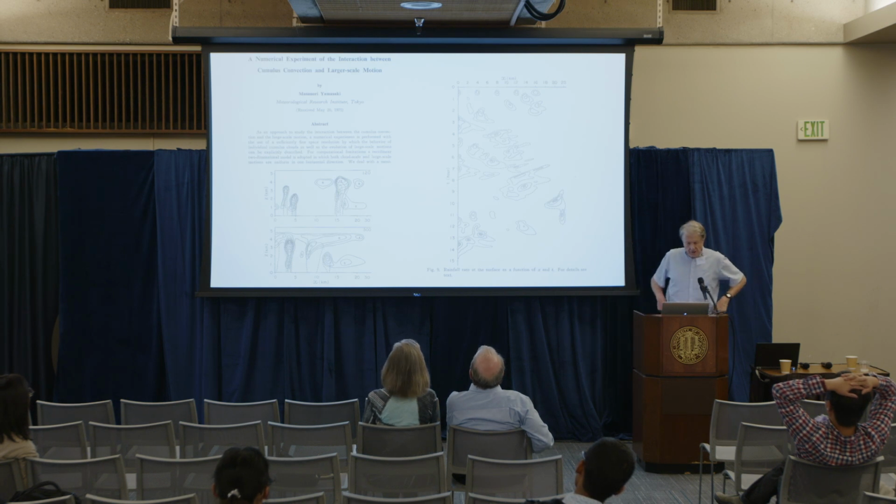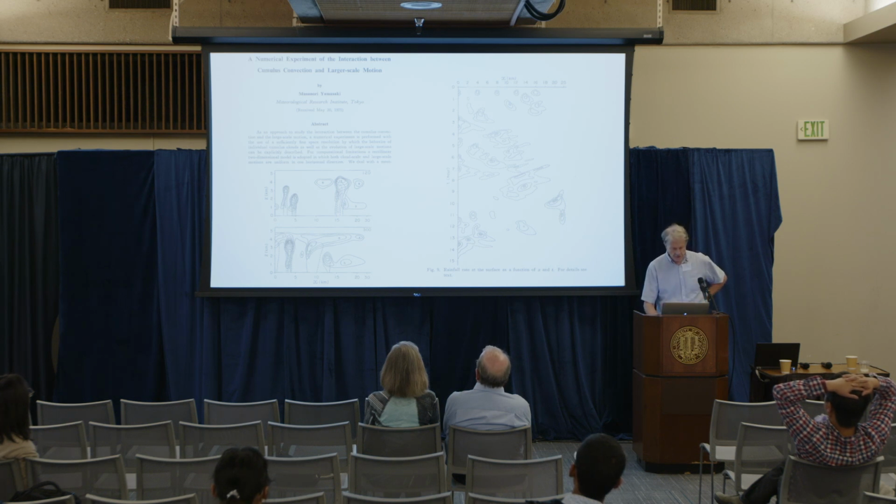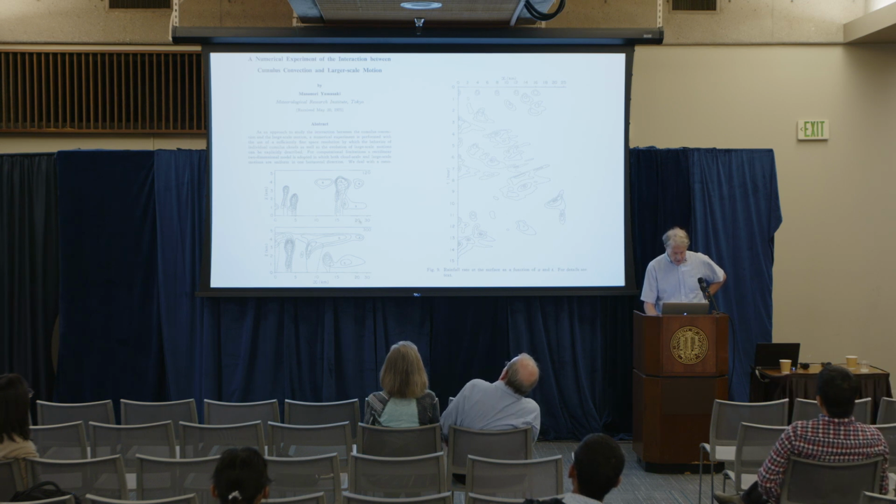Okay, so the first work that we're aware of, and I'm pretty sure this is correct, for looking at the interaction between cumulus convection and larger scale motion was by Yamasaki in 1975. You can see the model here is a few tens of kilometers.